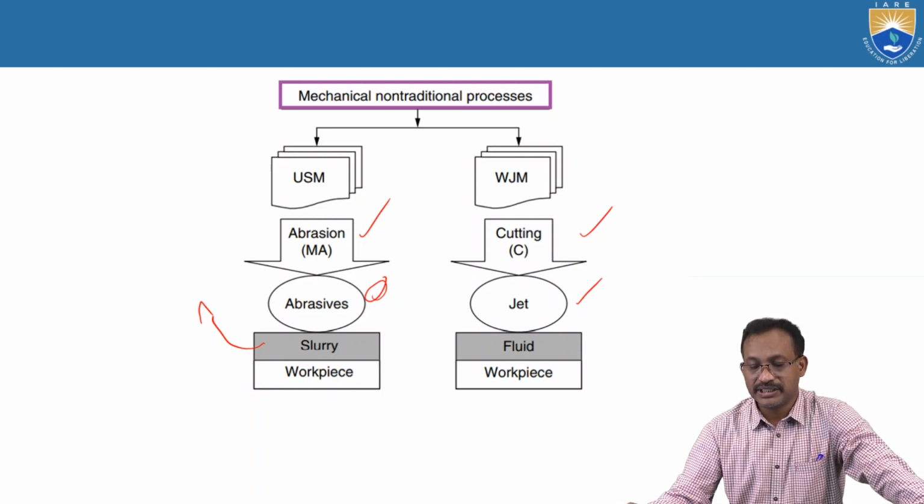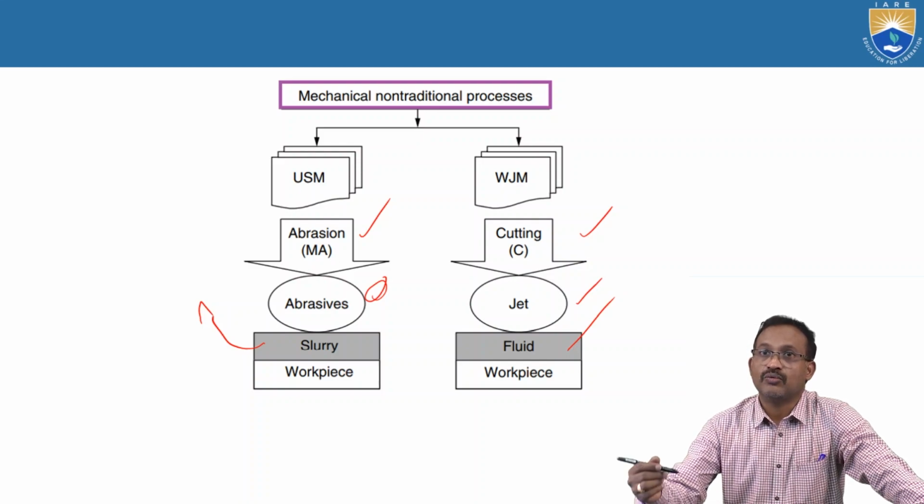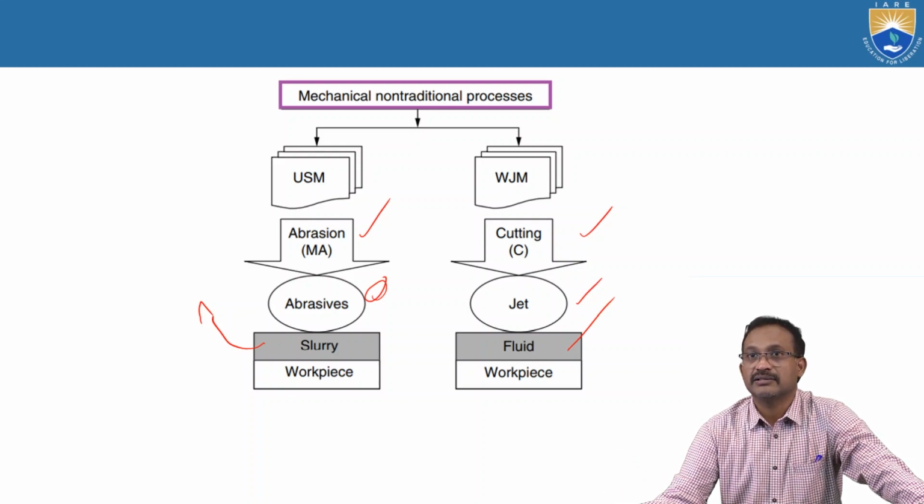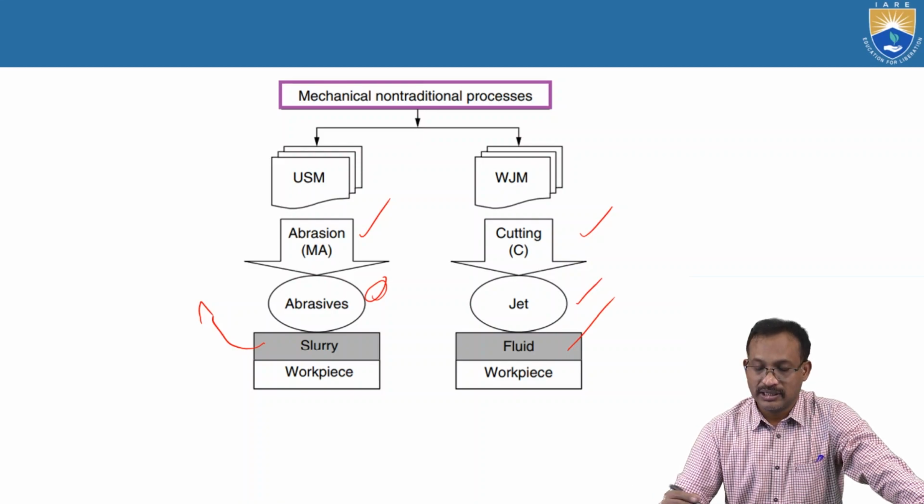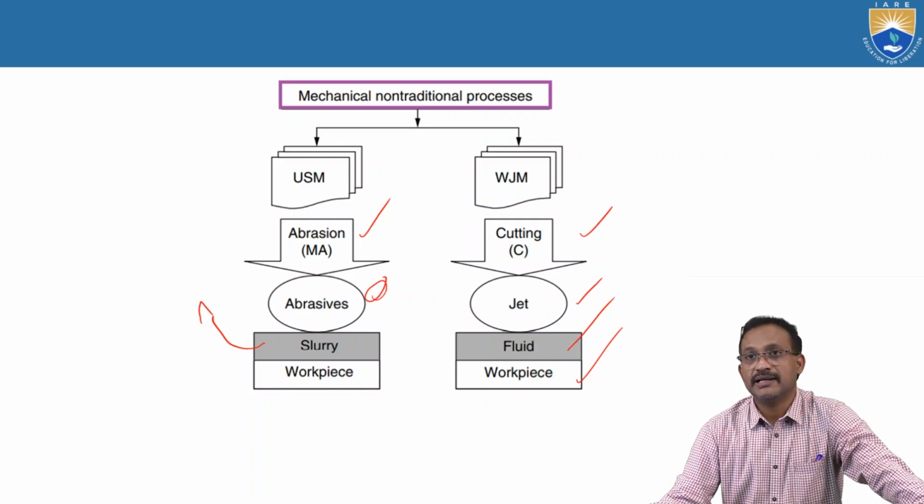In water jet machining, we are not using any slurry. A kind of fluid is used, and this water jet strikes so that the workpiece is eroded. That means the cutting action takes place and the material is removed.